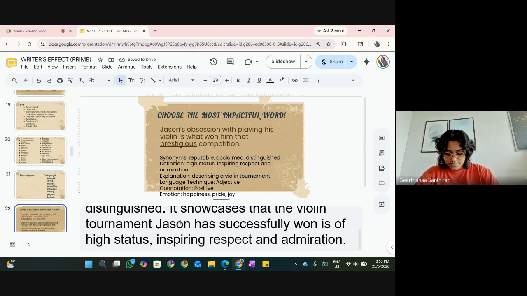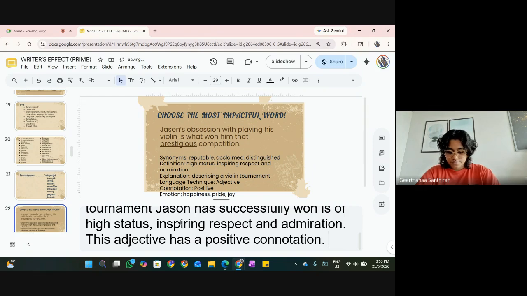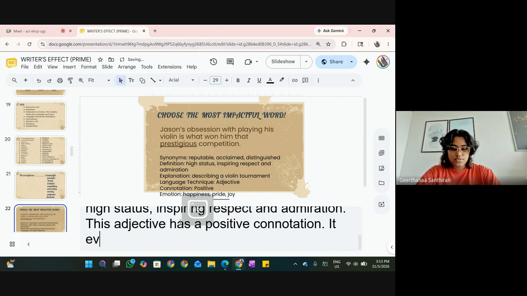What else? Okay, connotation. We can be very straightforward here. This adjective has a positive connotation. Done. Okay. It evokes emotions of happiness, joy, and pride.